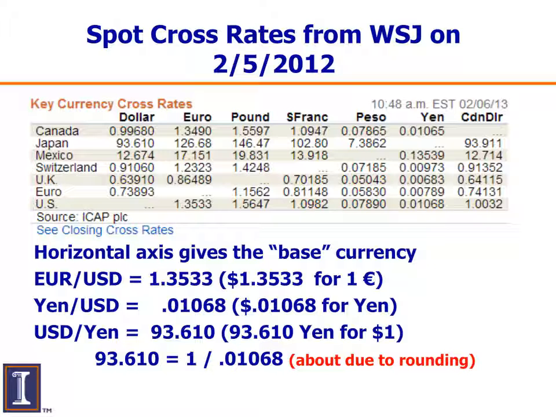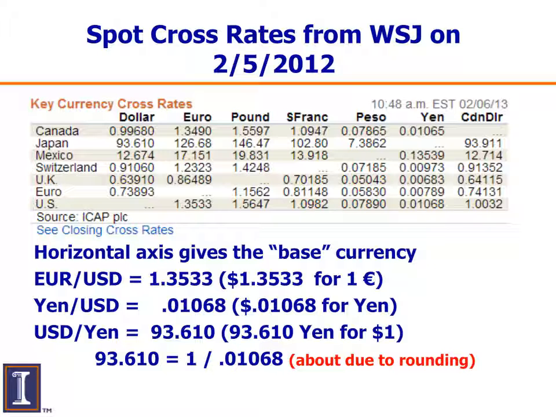So you find the euro on the horizontal axis, go down to the US dollar, which is the very last line. So the euro is the second column in as far as numbers. US dollar is at the bottom there, so that would be 1.3533. That would mean that the euro US dollar exchange rate is 1.3533.